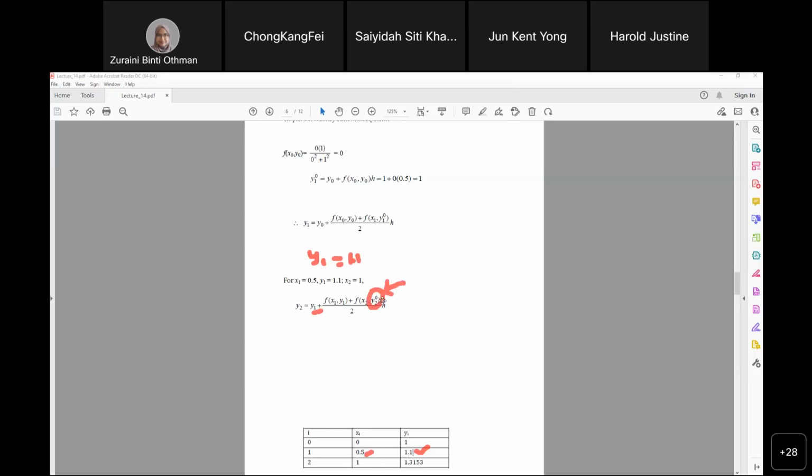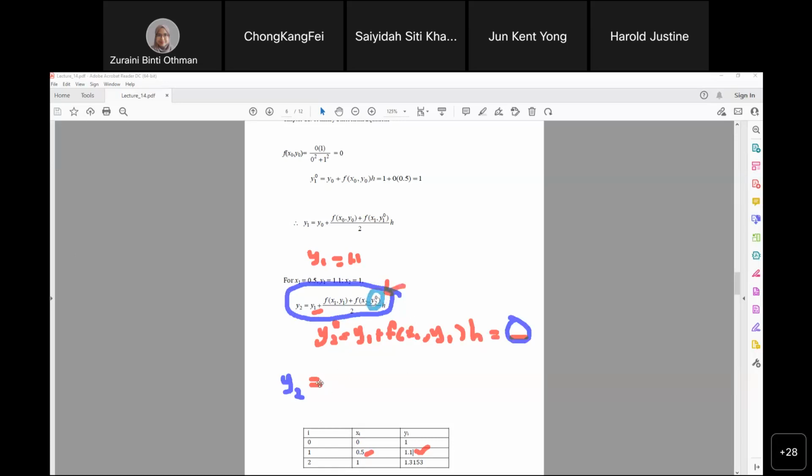After we get this, Y02 sama juga dengan Y1 campur F X1 Y1 H. After we get this value, then we can solve Y2 sama juga dengan letak value ni nanti dekat dalam tempat sini.